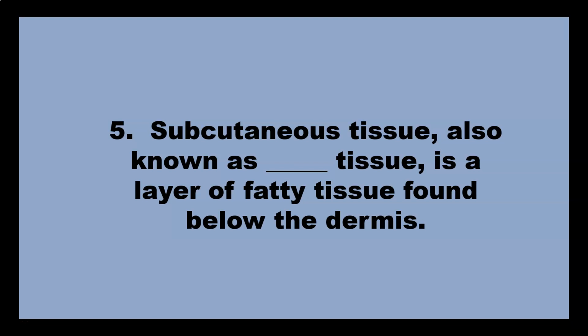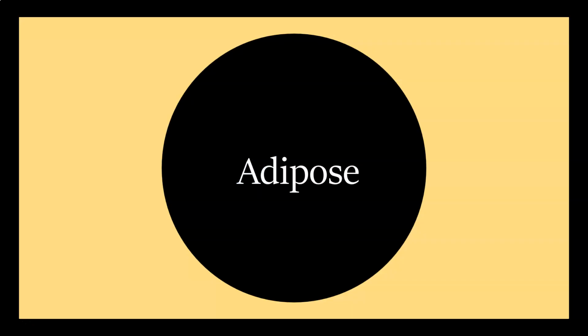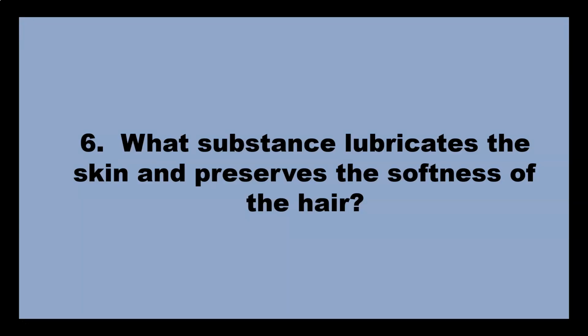Subcutaneous tissue, also known as blank tissue, is a layer of fatty tissue found below the dermis. What substance lubricates the skin and preserves the softness of the hair?